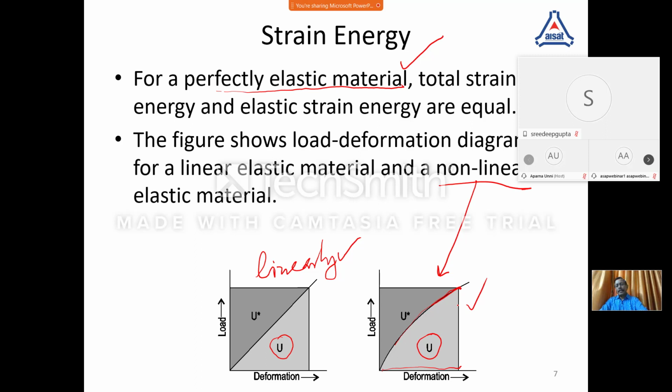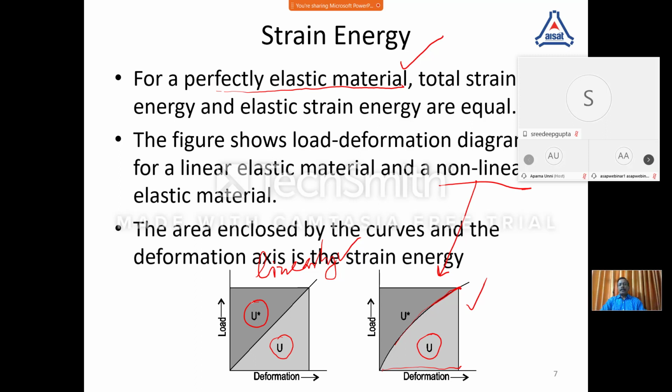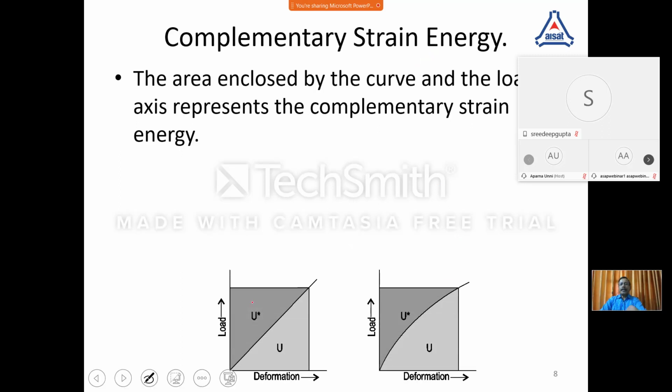And there is another area marked as U star that represents complementary strain energy. It is the area enclosed by the curve and the load axis, which is called the complementary strain energy, U star.